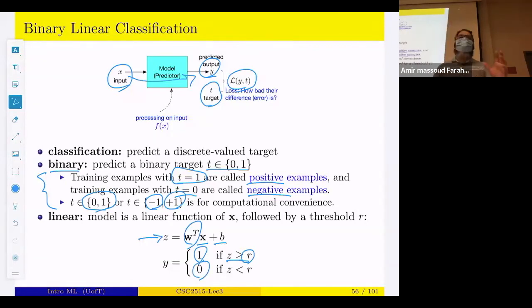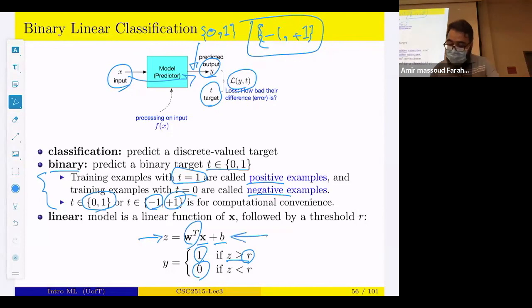I guess this step is important because we want to predict something that is 0 or 1. The output of this box should be 0 or 1, or -1 and +1, depending on the case. But this linear model, when you are multiplying vector W, which is real valued, by some other real valued X, would give some real valued output, the Z here. I'm denoting it by Z. So in order to convert to a discrete value, we have this thresholding process.